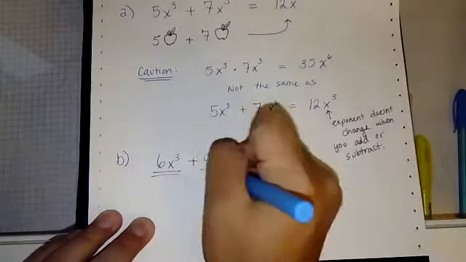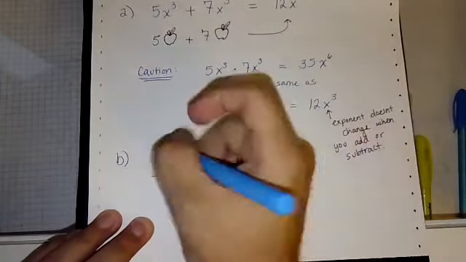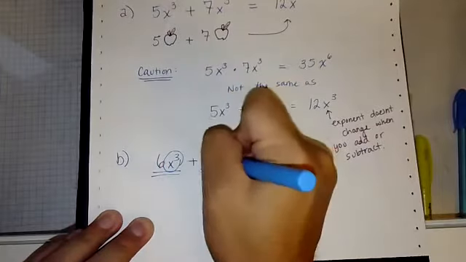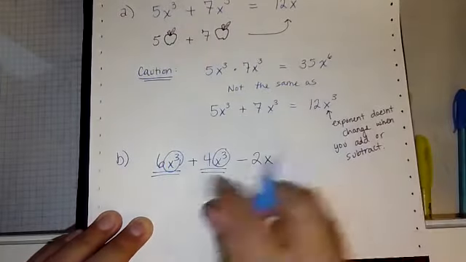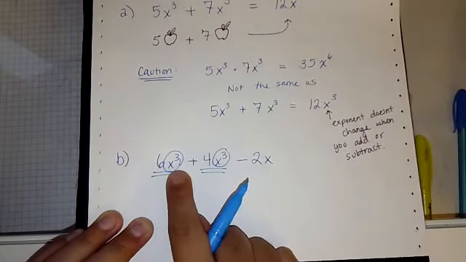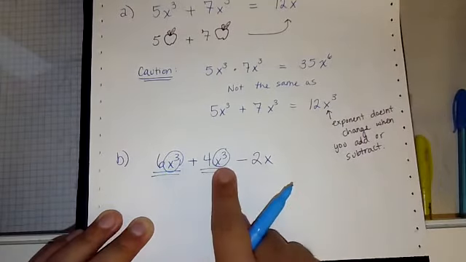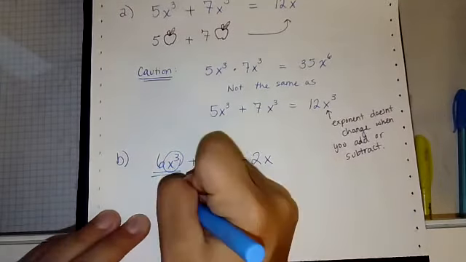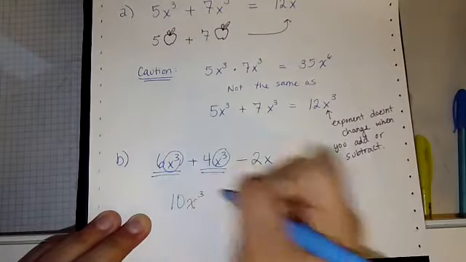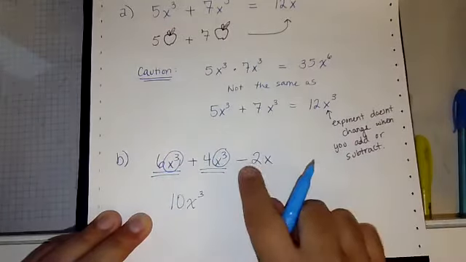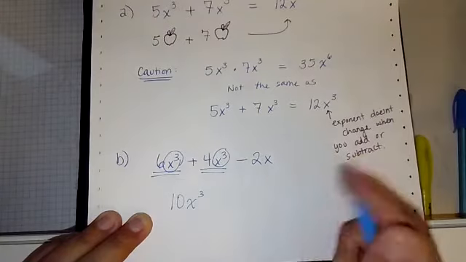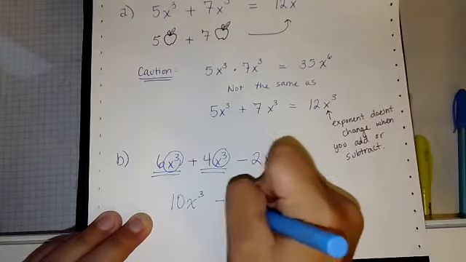So these guys are like terms because we have x to the third power. If you have 6 of these things and you add 4 of the same thing, then you should get 10 of those things. And because this is different, it's not a like term, we're just going to have to leave that alone.